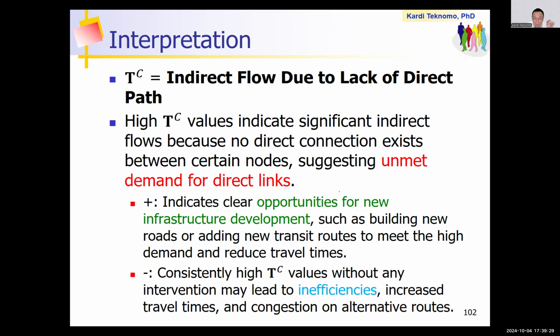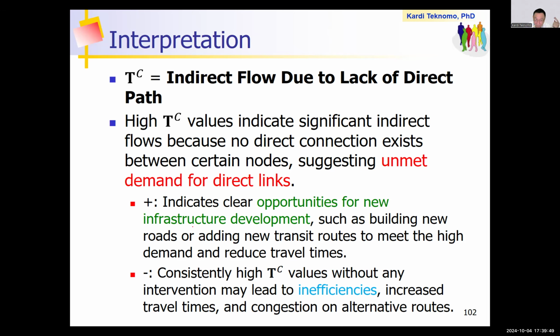That means there is unmet demand for the direct links. Positively, we can think this is an opportunity for new infrastructure, maybe building a new road, building a new transit route, and so on, to meet the high demand and to reduce the travel time.